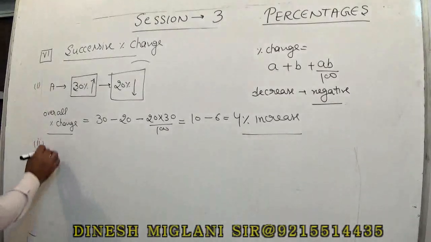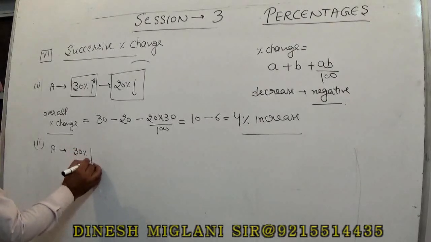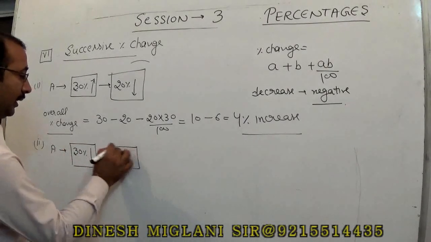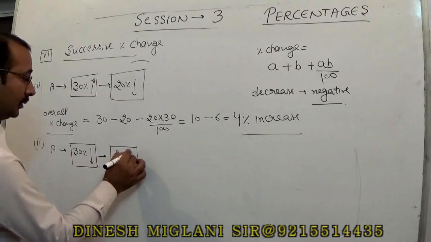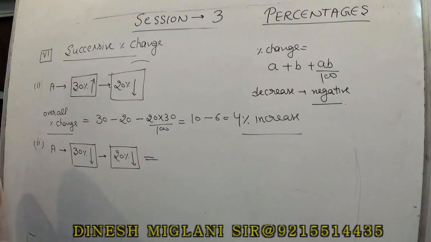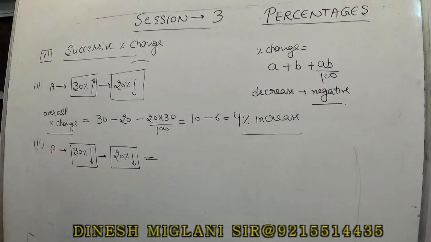Understand one more question. There is a number A. First it decreases by 30%, then it further decreases by 20%. You have to find out what is the overall percentage change. In this question, at both places we are taking a decrease.